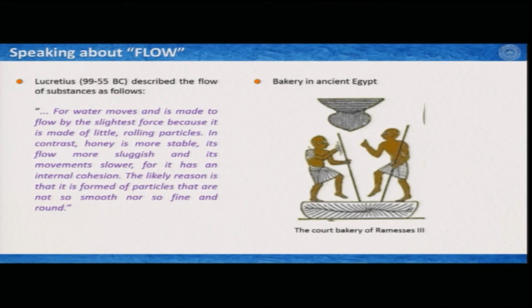So, he wrote: for water moves and is made to flow by the slightest force, because it is made of little rolling particles. In contrast, honey is more stable, its flow more sluggish and its movements slower, for it has an internal cohesion. The likely reason is that it is formed of particles that are not so smooth nor so fine and round.